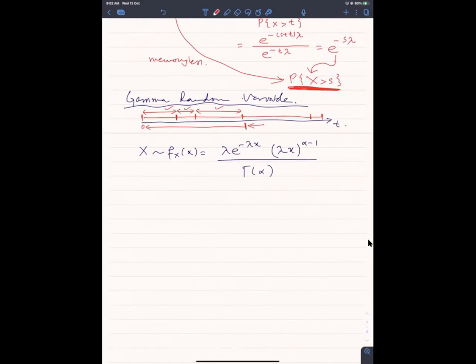And gamma function of alpha is alpha minus 1 factorial, for the case when alpha is an integer. For the case when alpha is not an integer, there is a definition of gamma function जो class notes में दी गई है, वहां से देखना.